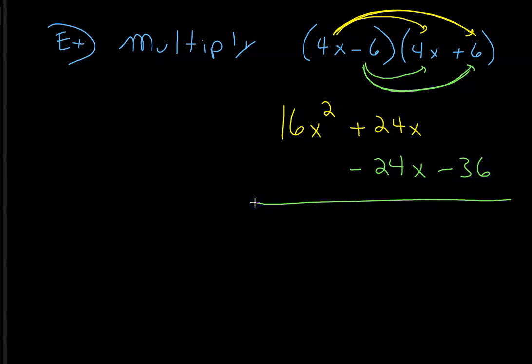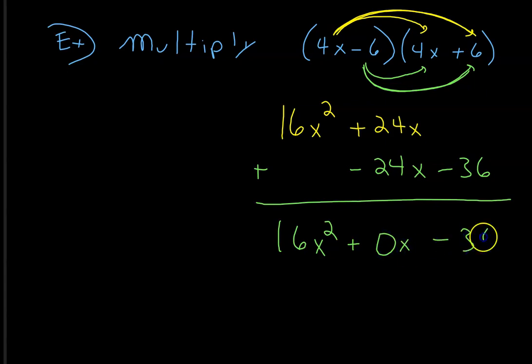So when we add our like terms, which are negative 24x and positive 24x, we should get 16x squared plus 24x and a negative 24x. Positive 24x plus a negative 24x should give you 0 x's. So I'll just write plus 0x.